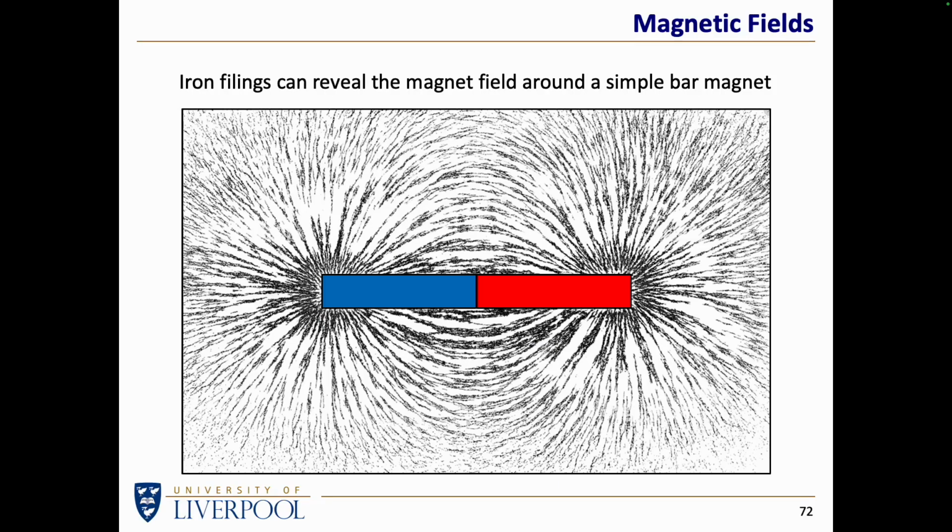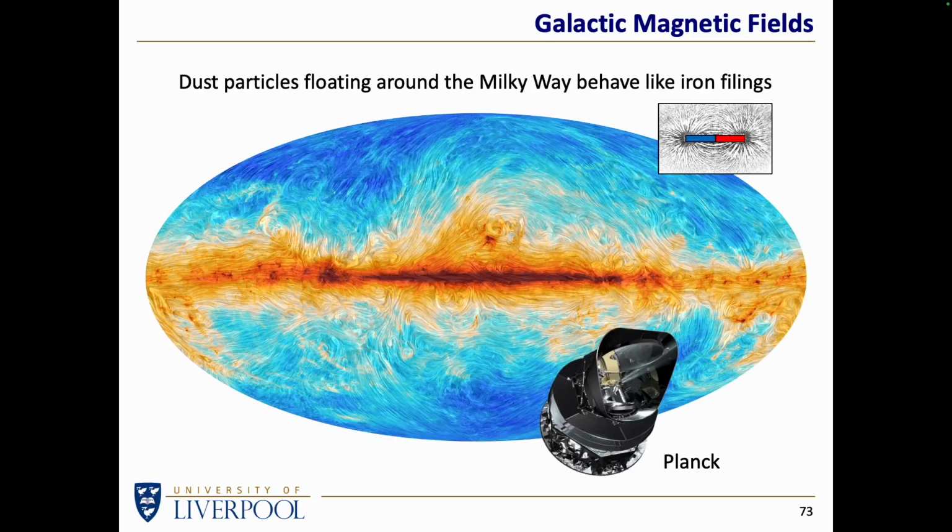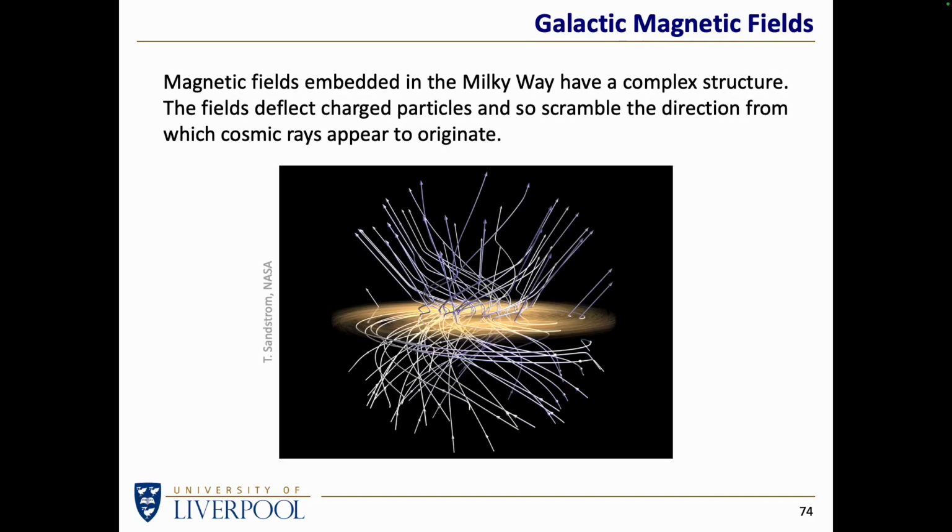Now, we know how to measure magnetic fields. We can just put iron filings on a piece of paper, and we can see the magnetic field from a bar magnet. How do we do that throughout the galaxy? It's tricky. But we can use dust as an indication. Dust, if you like, is like the iron filings that we've just seen. Dust can tell us what the magnetic field of the Milky Way looks like. And unfortunately, it's a mess.